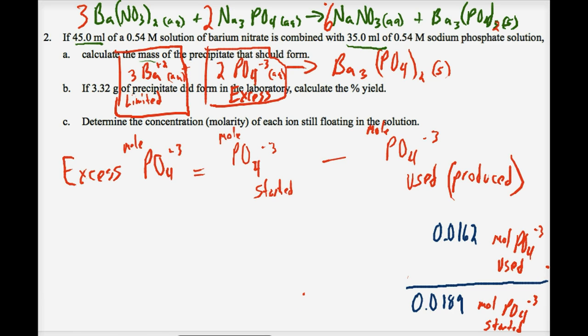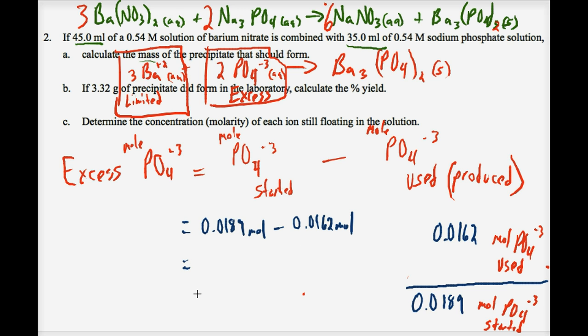and just amending this equation that we did, it's going to be 0.0189 mole minus 0.0162 mole of the phosphate ion.